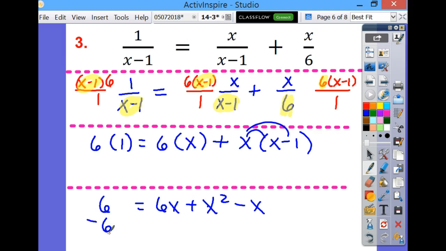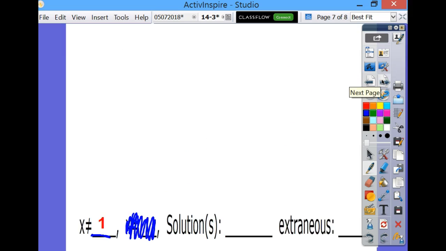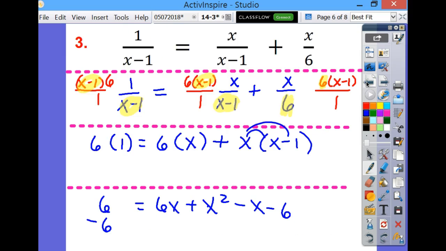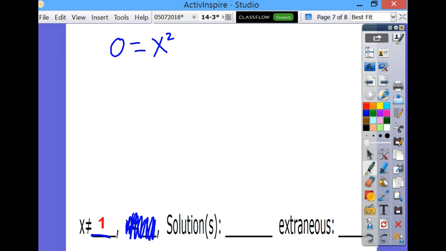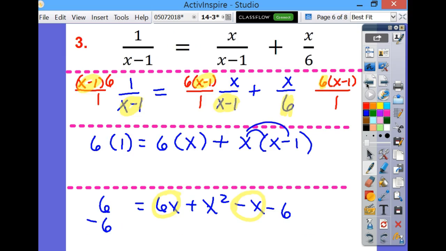So I need to subtract 6 from both sides of the equation so that I can zero this out. And so then I'm going to combine these like terms, and what am I going to get? That's going to make a positive 5x minus the 6 down here at the end.